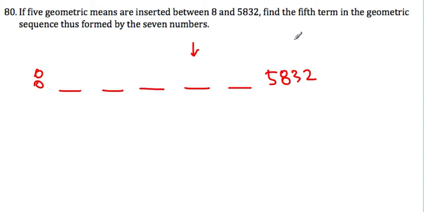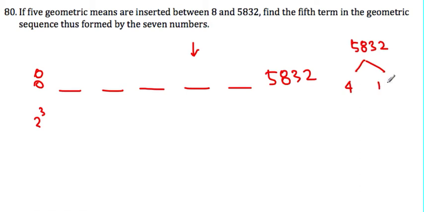Then let us try to look at this one for a second. If you assume that 8 is in fact 2 to the 3rd power. And here, if you break this one down, let's look at it, 5832. What if you were to break this one down by, let us say, 4 as an example?